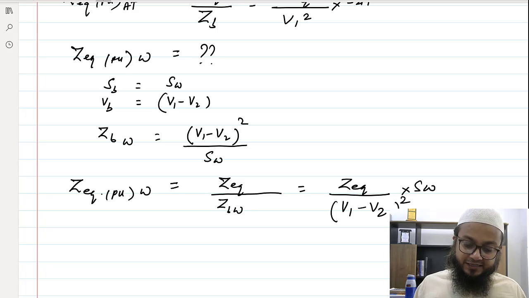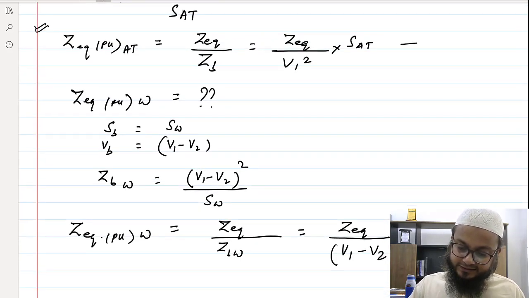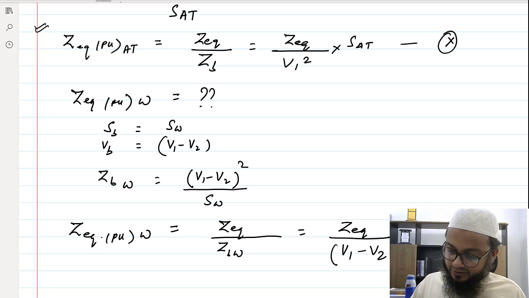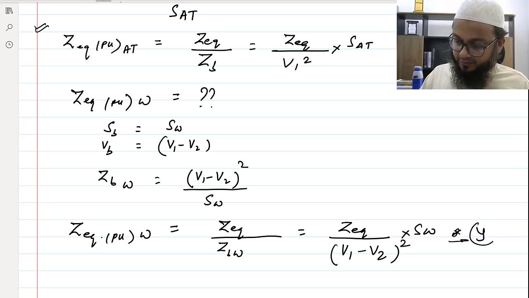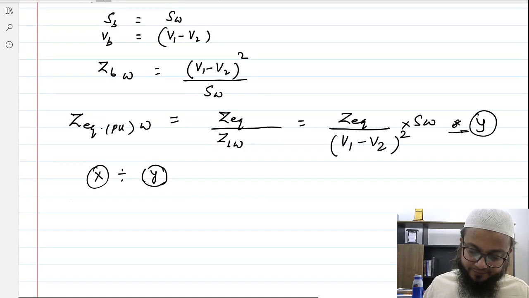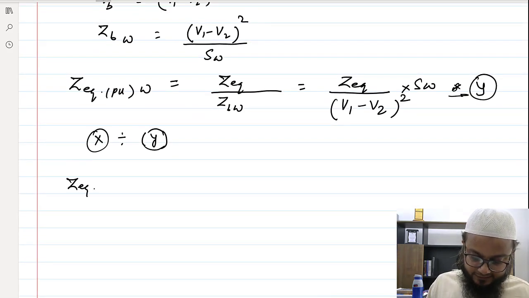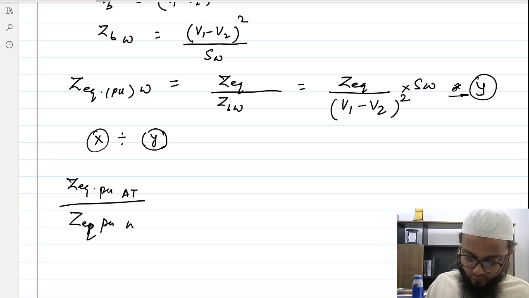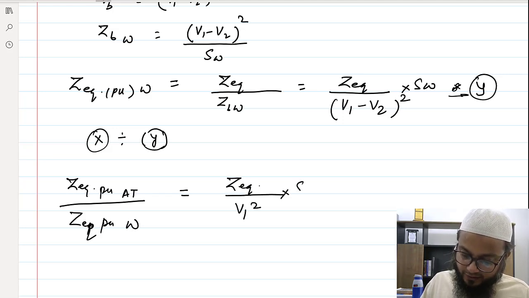So if we find the ratio of these two, let's say equation X and equation Y, X divided by Y will actually give me Z equivalent per unit of auto transformer upon Z equivalent per unit of winding, which is equal to Z equivalent upon V1 whole square into SW.